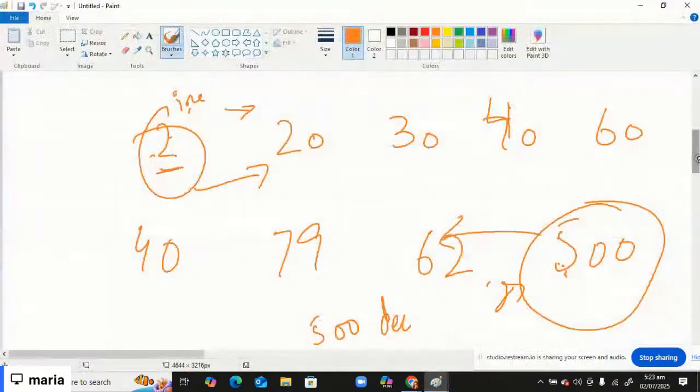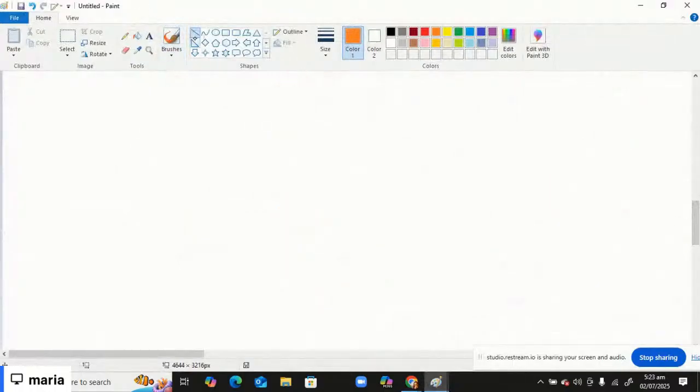Let's suppose, for example, I draw one kind of scatter plot here. Suppose some points are given in this color.